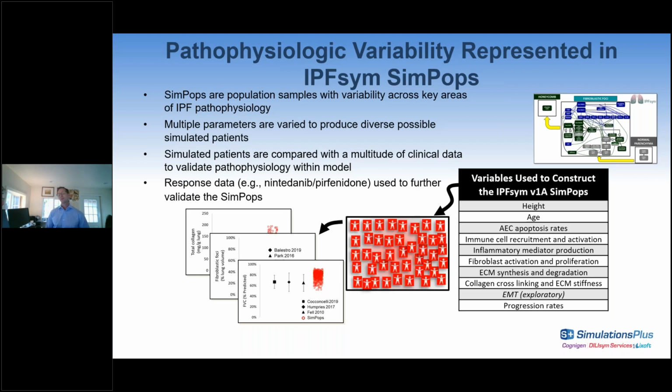In this case, with idiopathic pulmonary fibrosis, the two treatments that are most widely available to patients are nintedanib and pirfenidone. And certainly we have gone through all the validation protocols to ensure that, again, this large group of simulated patients, our SimPops, are in fact in alignment with both the progression and the response to treatment.